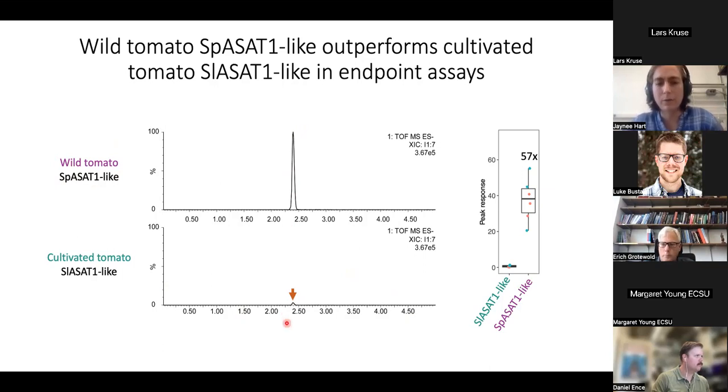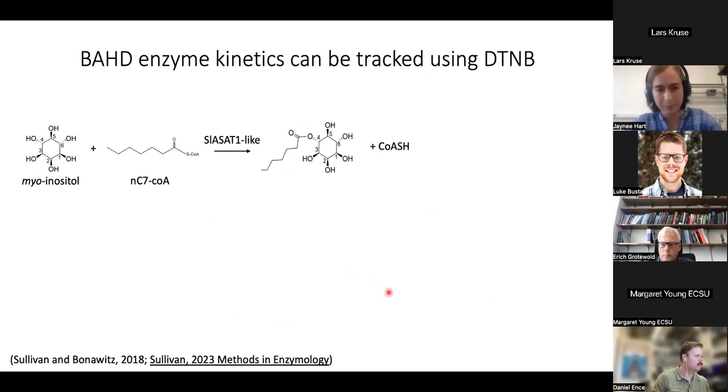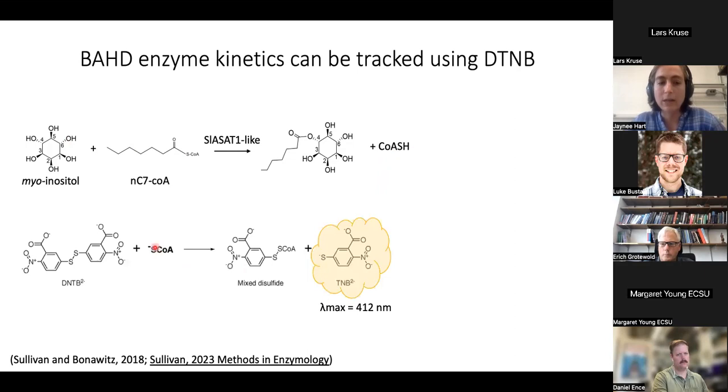When I followed this up further by looking at the kinetics, it further clarified this. So I've started using a new-to-me method for doing these Michaelis-Menten kinetics to measure catalytic efficiency in these enzymes. I've showed you this reaction mechanism a few times, but what I haven't emphasized is that when this acyl chain is transferred to the sugar, it also creates free coenzyme A. Well, there's a reagent called DTNB that will react with free sulfhydryl groups like the one on coenzyme A and create a yellow color.